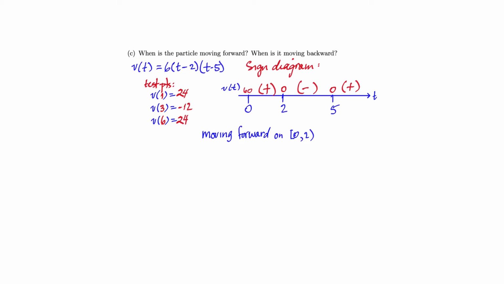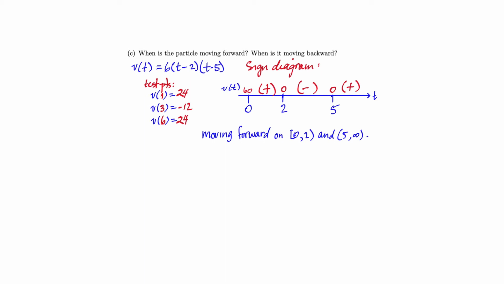So the velocity is only positive when t is greater than or equal to 0 and less than 2. And it's also moving forward on the interval from 5 to infinity. So when t is strictly greater than 5, the velocity is positive, so it's moving forward there too.